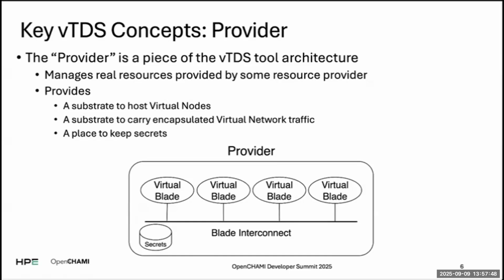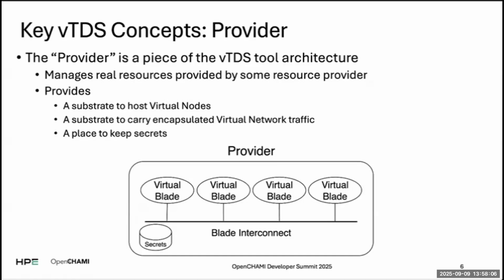So we don't expect to be able to do complicated, very custom things with that. We use those fairly generically, and then we build our virtual nodes and virtual networks on top of that.